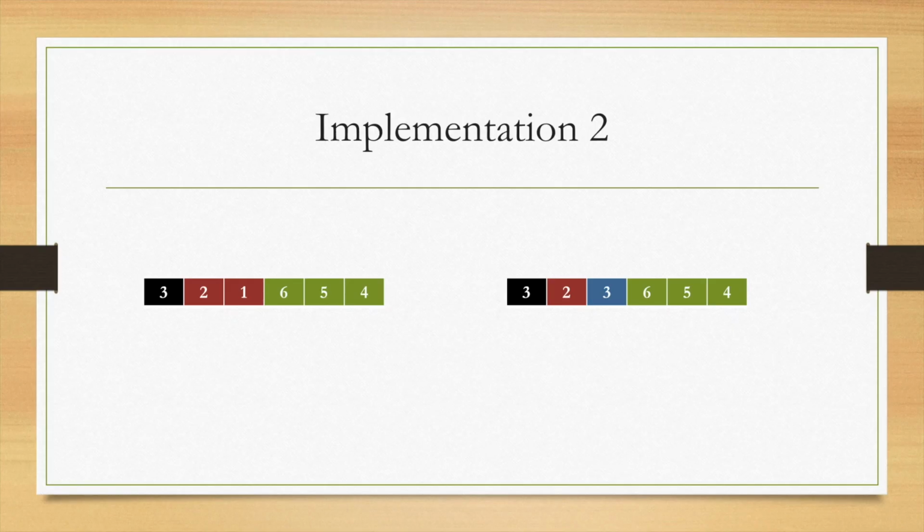Let me show another implementation method. In this method, we don't move one pivot. In this implementation, we also compare with the first element, which we treat as a pivot, but we don't exchange the pivot into the middle. We only use that pivot to split the array into 2 or maybe 3 parts. If it's 2 parts, the red one is smaller than the pivot, and the green one is larger than the pivot.